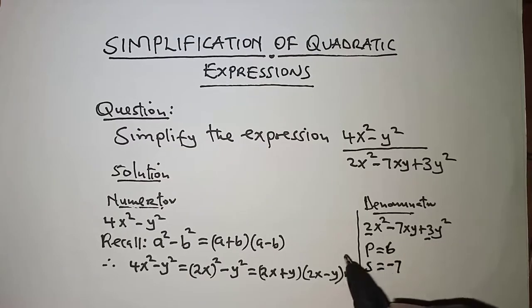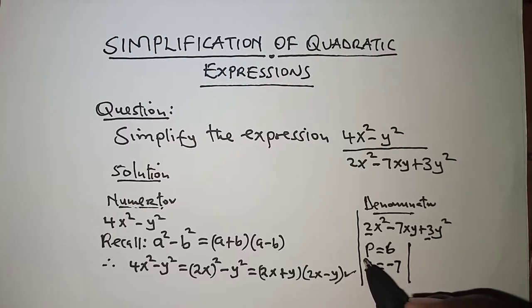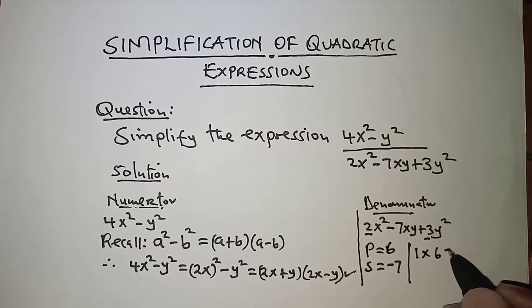So going about this, in order to determine the factors, we are going to consider first the factors of this product here, which is 6. So listing the factors, we have 1 times 6, so we have 1 and 6, which should give us 6. Also 2 by 3, that should still give us 6.